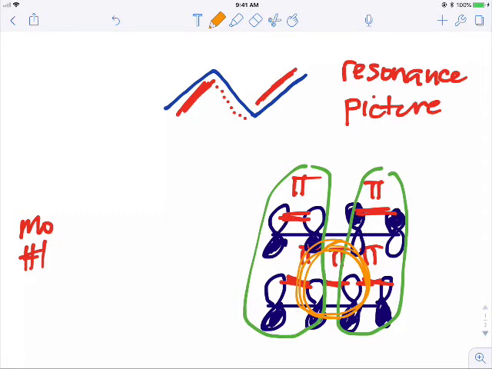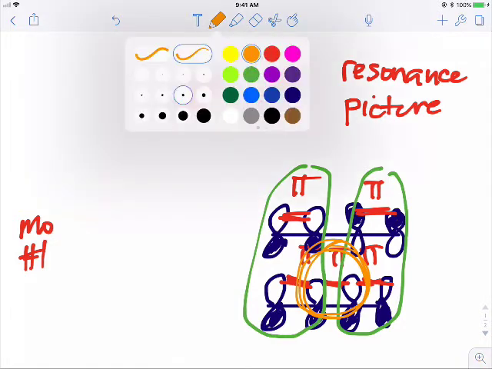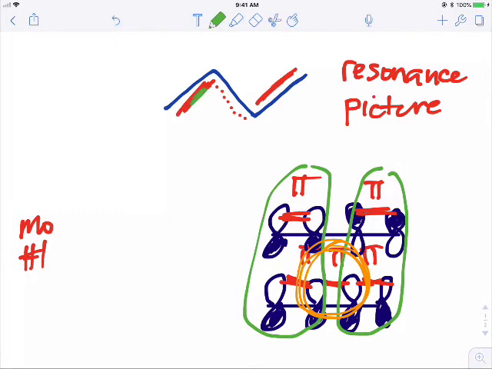That matches our picture. The green area is getting us our pi character where we have our pi bonds. But our orange area gives us a little bit of additional pi character there.